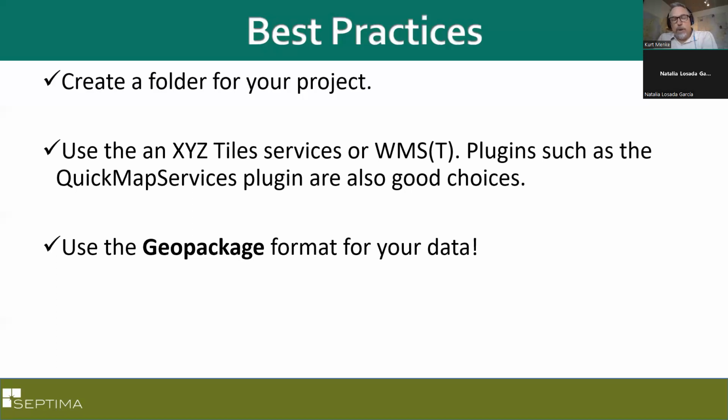QGIS does support collaborative editing, where you can share a project with a number of different data collectors, but that only works if your data is in the GeoPackage format. So the GeoPackage is key to the whole synchronization and version tracking that Merge and Maps does for you.